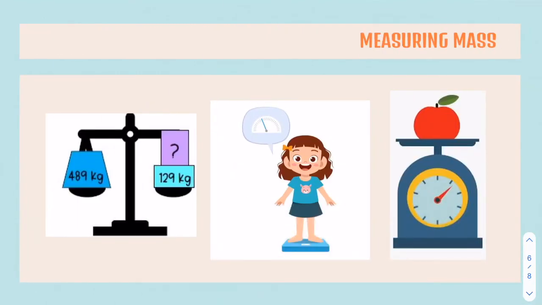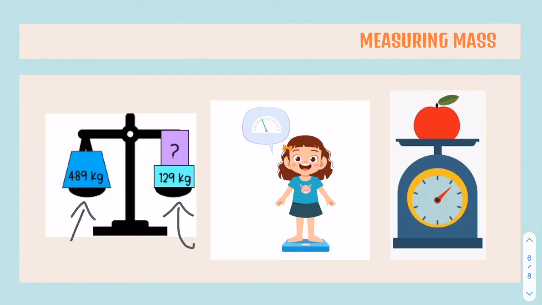Now, measuring mass. You can measure mass with some type of scale, right? Because it's kind of similar to weight. There are these scales right here. Those are balance scales. Sometimes you'll see problems like this where they want you to have this side equal to this side. So if you're solving a problem like that, you have to say, okay, I'm missing something here and I want it to be this weight.